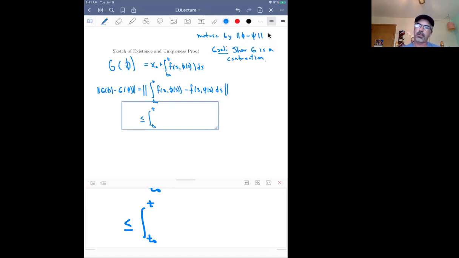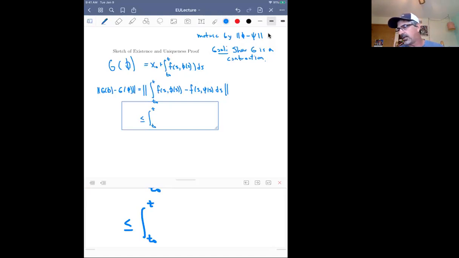One, there is a theorem that says the absolute value or the norm of an integral is less than or equal to the integral of the absolute value or the norm. This showed up in complex analysis if you've had 321. We mentioned it in Calc 1 and Calc 2, where we don't use it very much, but we're going to use that here. So I'm going to bring those inside.